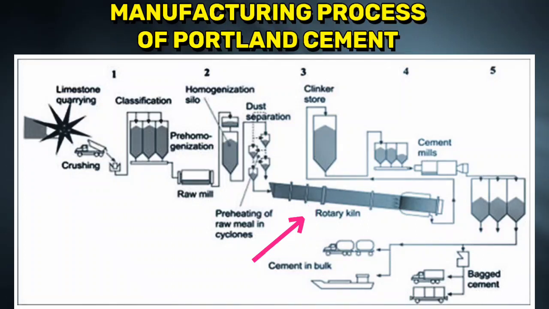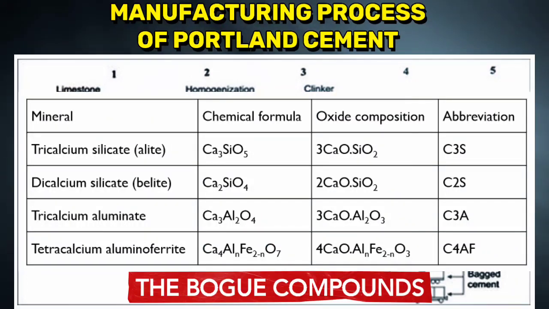And in the rotary kiln, the raw materials react. The alumina, the silica, the iron oxide, they all react at very high temperatures to form tricalcium silicate, which we call C3S.